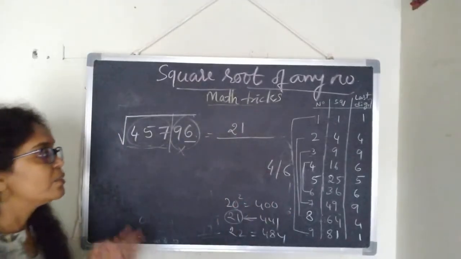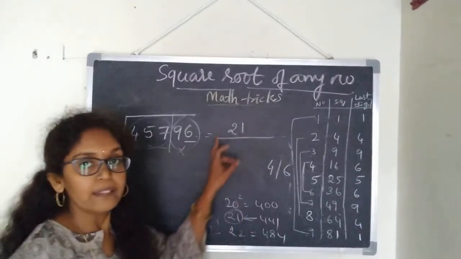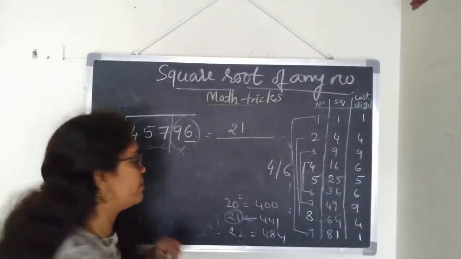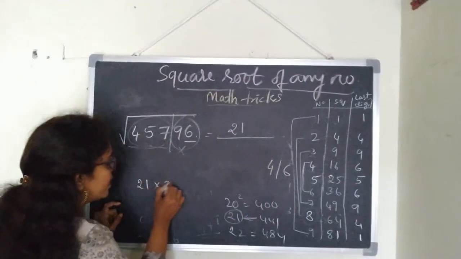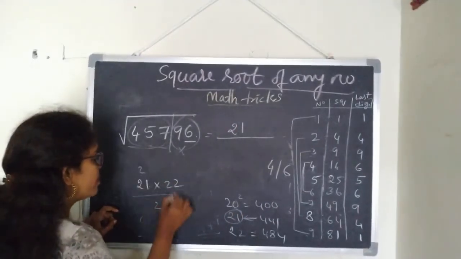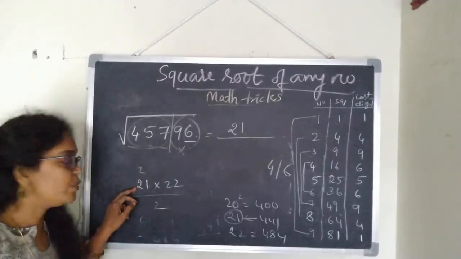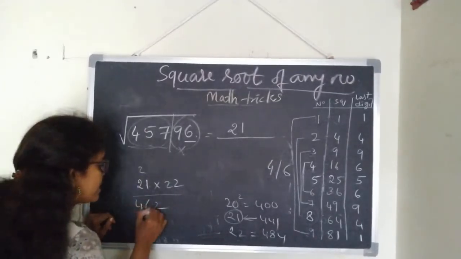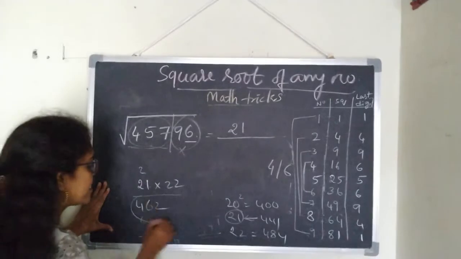To identify it, we have to multiply 21 with the next number. So 21 into 22. 22 ones are 22. 22 twos are 44. 44 plus 2, 46. So 462 we got.